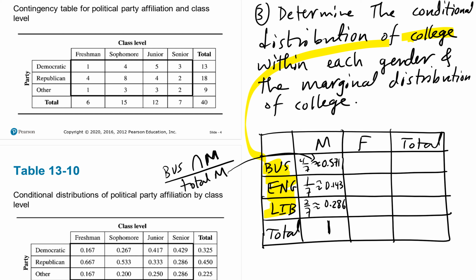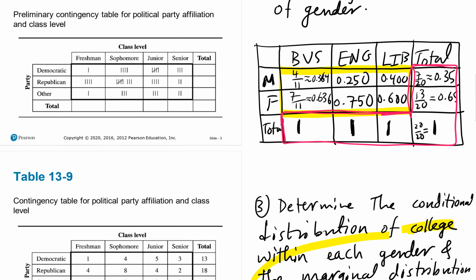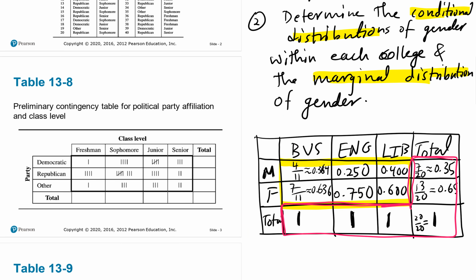We do the same thing with the female, and I got these results: 0.538, 0.231, 0.231, and they add up to 1. The total is, as we did before, if you remember how we did this, we took how many total divided by the whole thing.